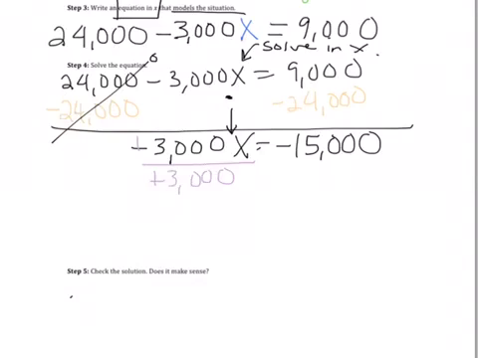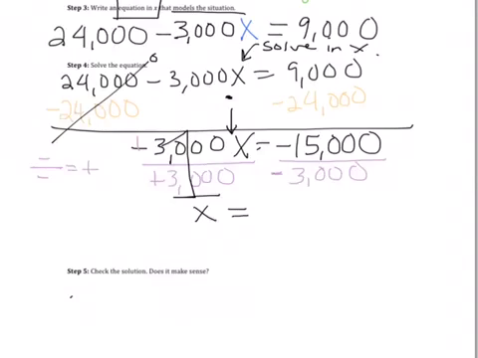A negative divided by a negative is a positive. And if I do it to the left, I've got to do it to the right to stay balanced. And then this is a big 1, and 1 times x is x. And actually, that should be a negative 2.